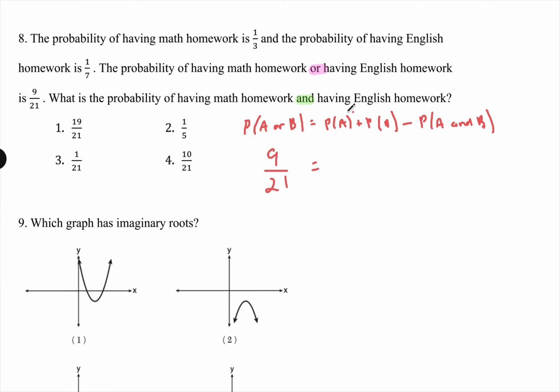What's the value of P of A? We're going to say P of A is the fact that we're having math homework, so that's 1/3, because that's our first event. The second event is going to be English homework, that's 1/7. And what am I doing? I'm subtracting P of A and B. I'm just going to check it out real quick with my calculator and see.